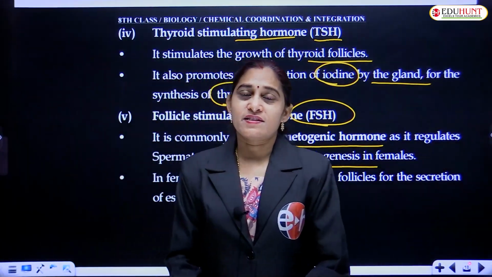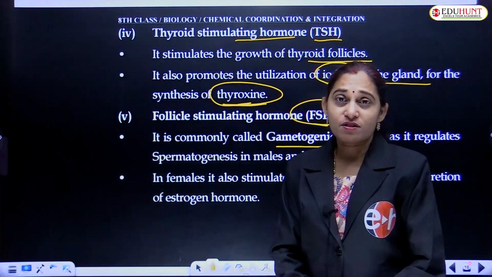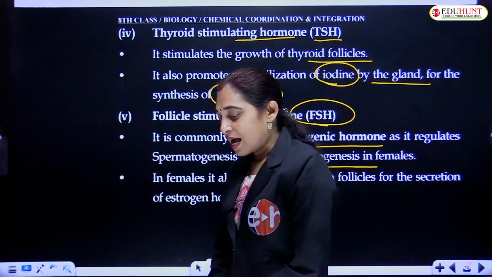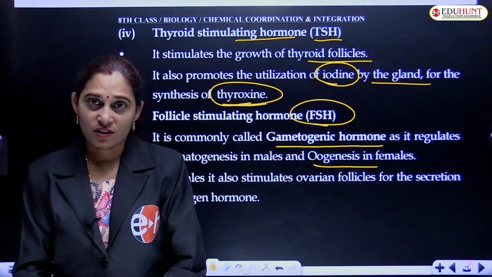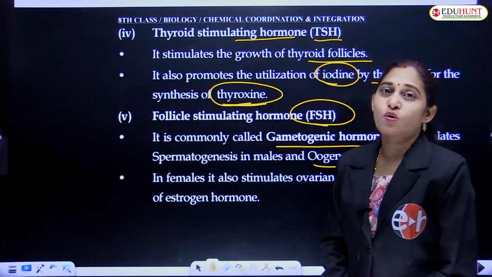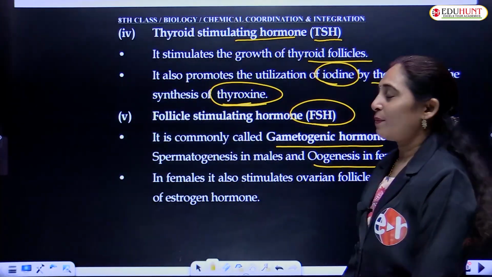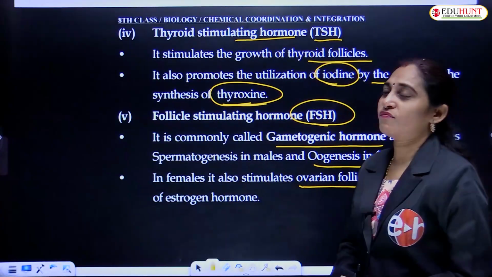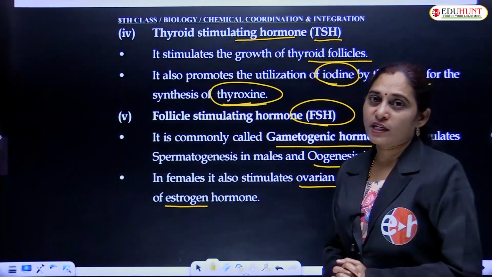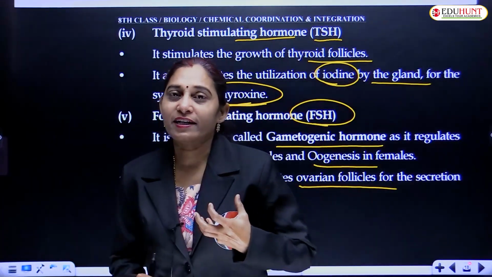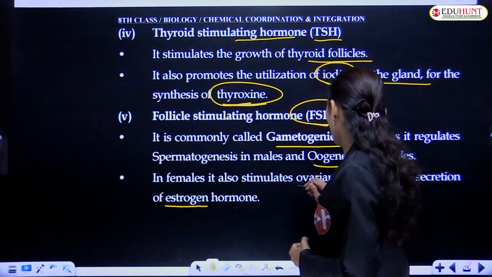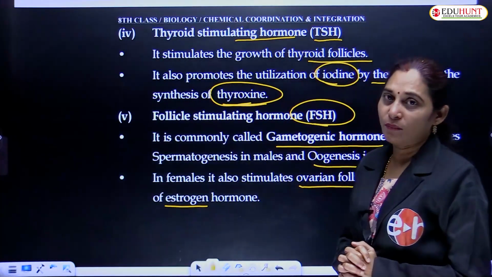It matures in about 15 days, and if it is not fertilized by the sperm, it will be released out. That is called menstruation. In females, FSH also stimulates ovarian follicles for the secretion of another hormone called estrogen.